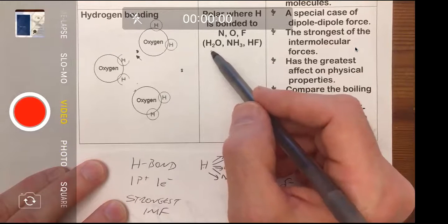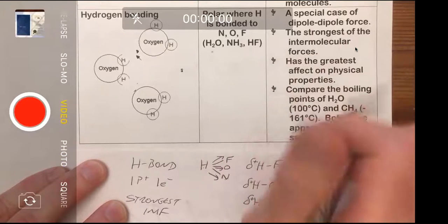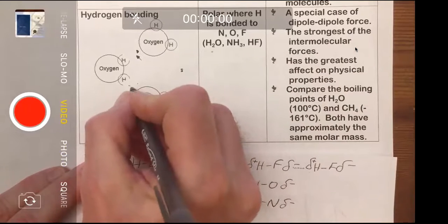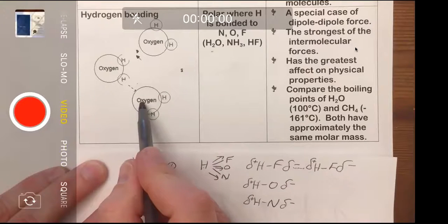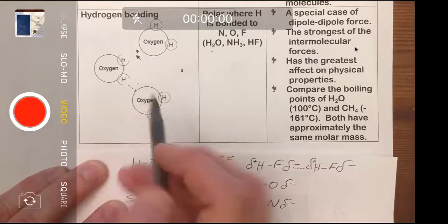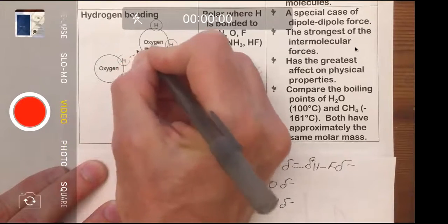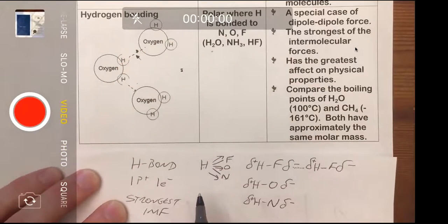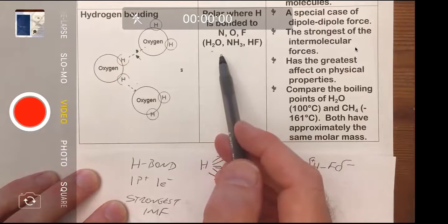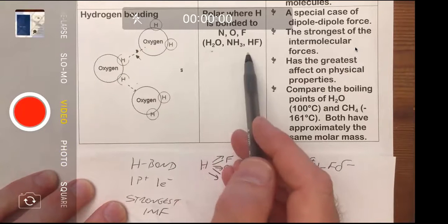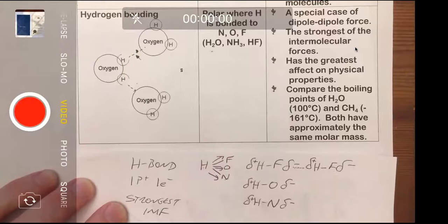The reason it has such a high melting point and boiling point is the hydrogen bond. There is a huge attraction between the positive hydrogen and negative oxygen. So if we see hydrogen bonds, we're going to be like, oh dude, they're wicked strong, so they're going to have really high melting points and boiling points.